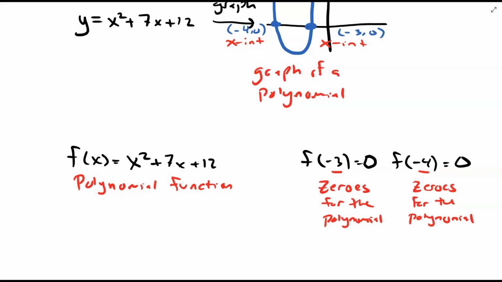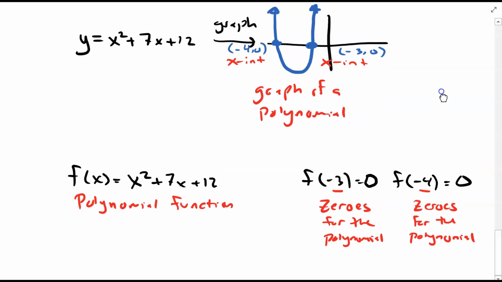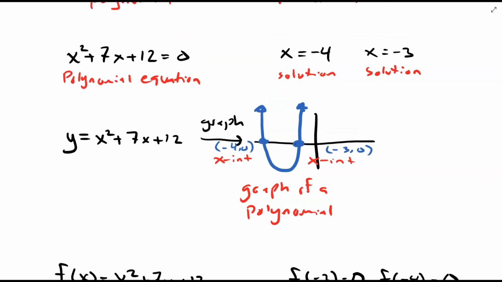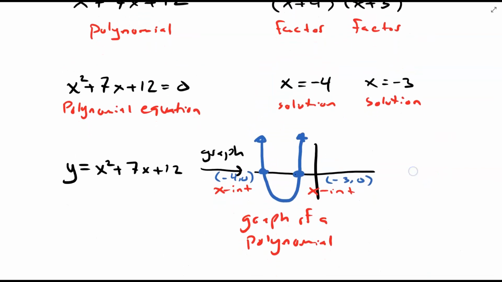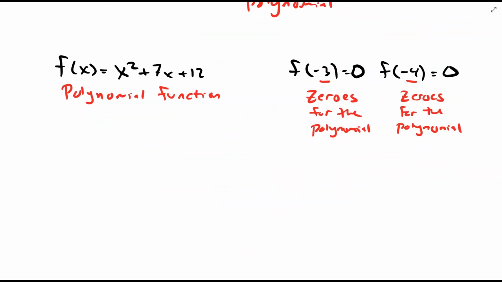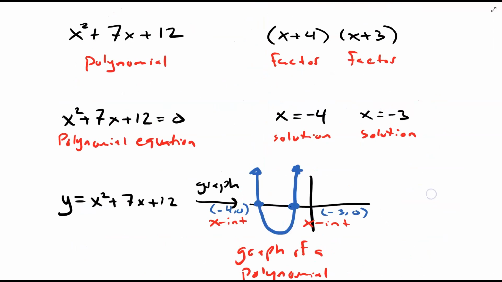So, of these 4 situations, the graph, the polynomial, the equation, and the function, which one of these is going to provide the most information? The factors, the solutions, the graph, or the zeros?